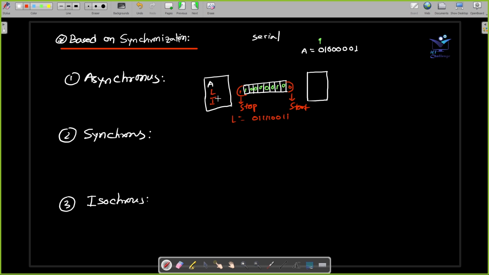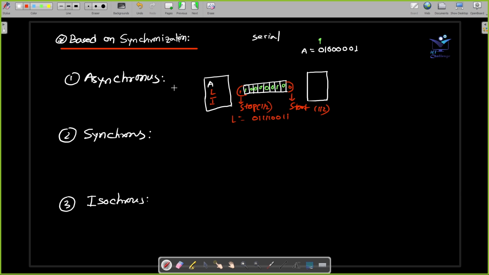Arana, do you understand these things? Yes, sir. Okay, so we need a start bit. It should be 1 or 2 bits as a start bit, and the stop bit can be 1 or 2 bits of binary. After this A we have to pass this L, so we need a stop bit to understand that A has already passed through this line.